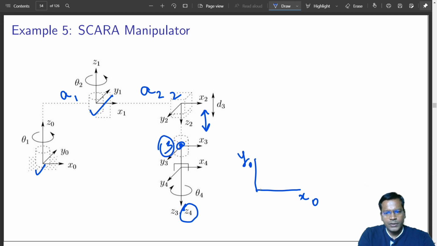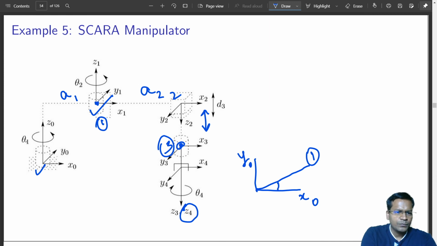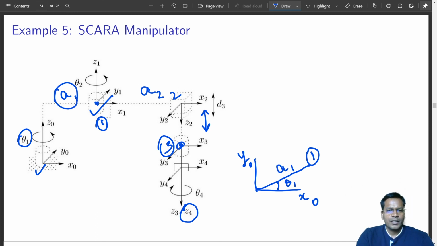So looking from the top, you will see point 1 which is here. This point rotates by an angle theta 1 like this, and this distance will be visible over here. Done. That is one.